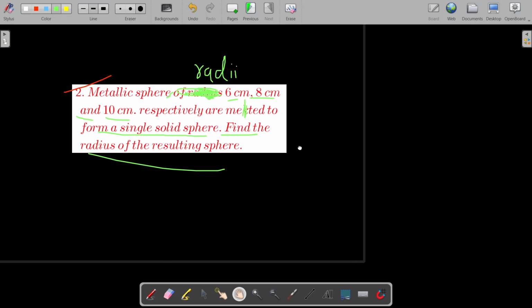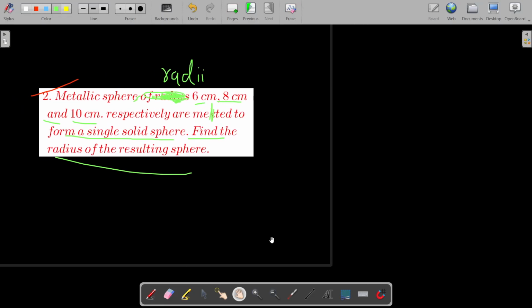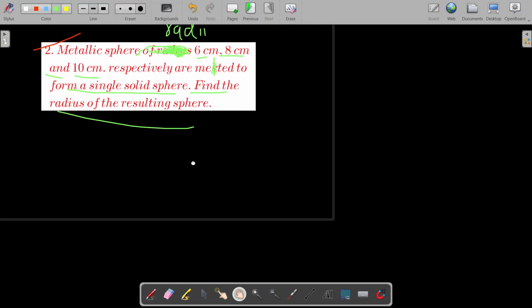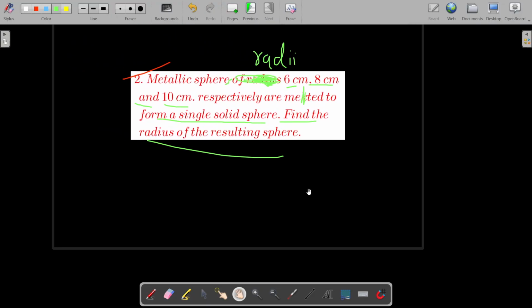So this looks very simple, but we need to know whether we have to use curved surface area or total surface area or volume in this case. As I mentioned, surface area is only the area of the outer surface.